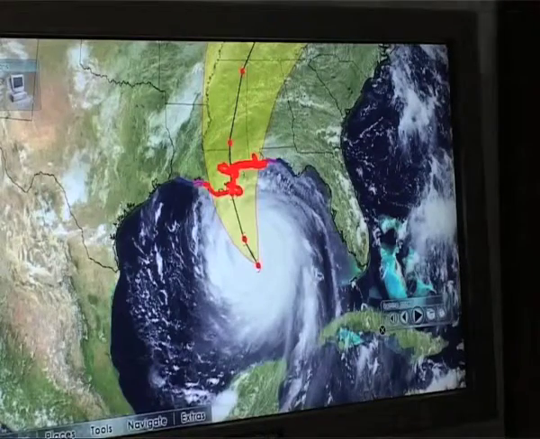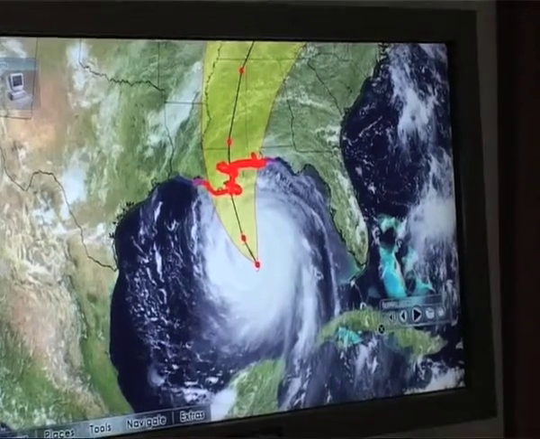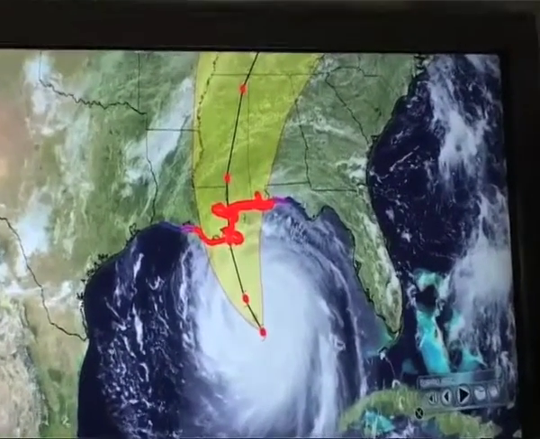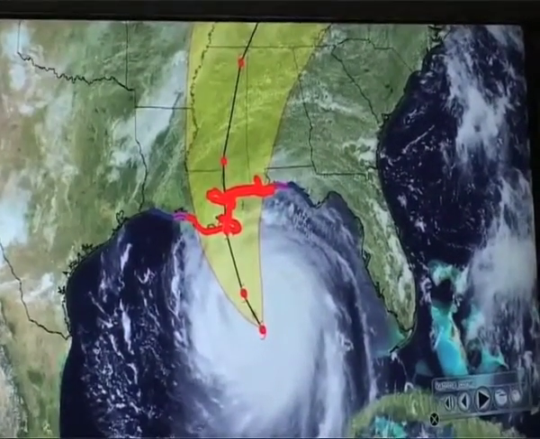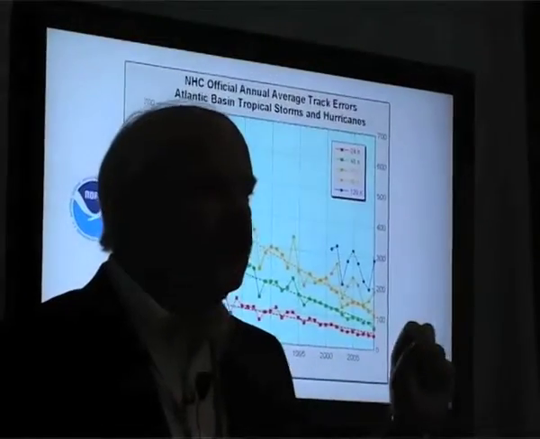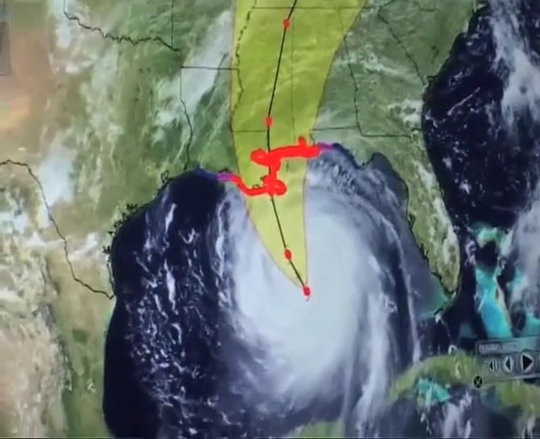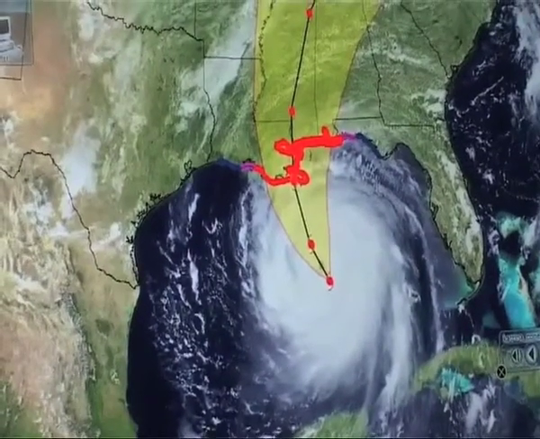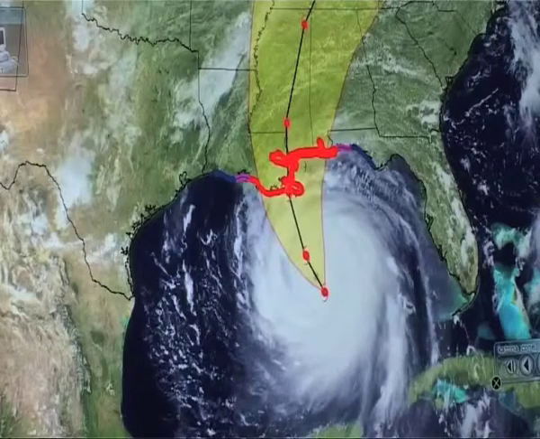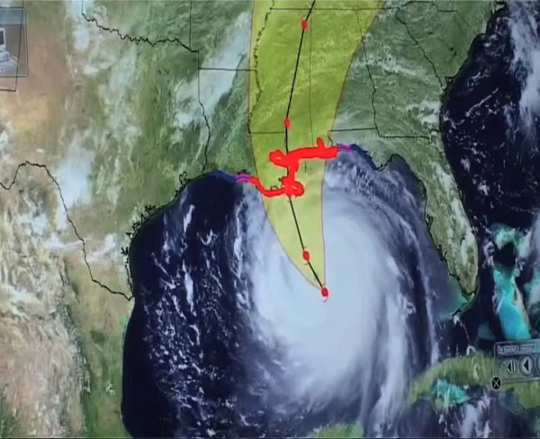Now, because of improvements in weather forecasting and improvements in satellite imagery, we can see from this graph right here the improvement in hurricane forecast. The 72-hour forecast is just as accurate today as the 24-hour forecast was in 1970.